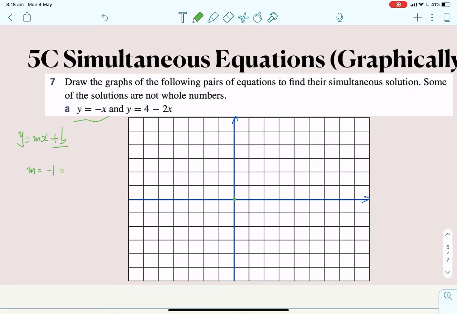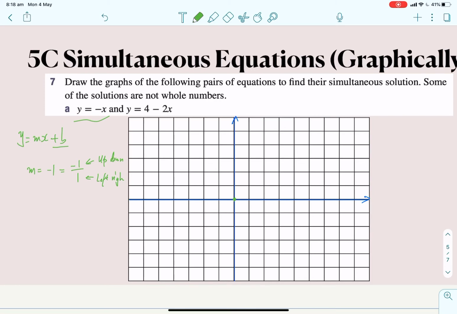Negative 1 is the same as negative 1 over 1. If you remember what we did last lesson or the lesson before, the top bit is up or down, and the bottom bit is left or right. So negative 1 means 1 down, and then 1 right.